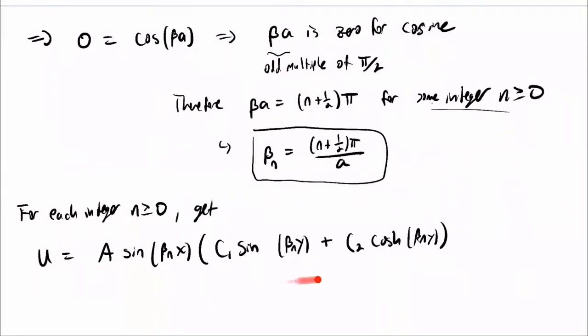And going off of what we've seen many times before, we're ultimately going to end up summing over all n, since this formula gives us a solution for each integer n, and since the Laplace equation is linear, we can get a more general solution by summing up these terms from 0 to infinity, which we're ultimately going to do.